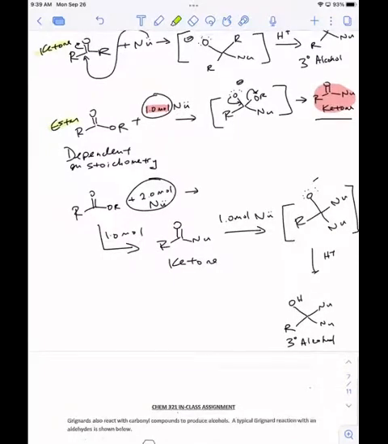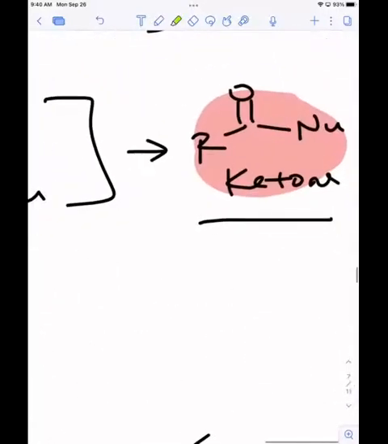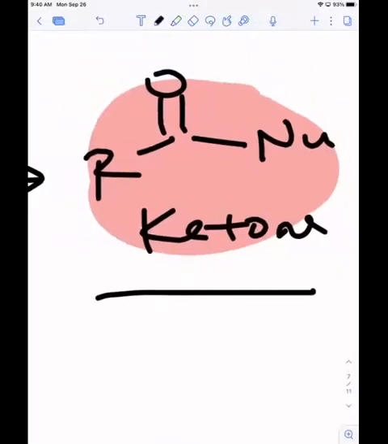The ketone that we make from the ester, is it going to be a tertiary, secondary, or primary? Oh, no. That's a great question. For carbonyls, there's no order as far as primary, secondary, or tertiary. It's because the carbon is sp2 hybridized, right?